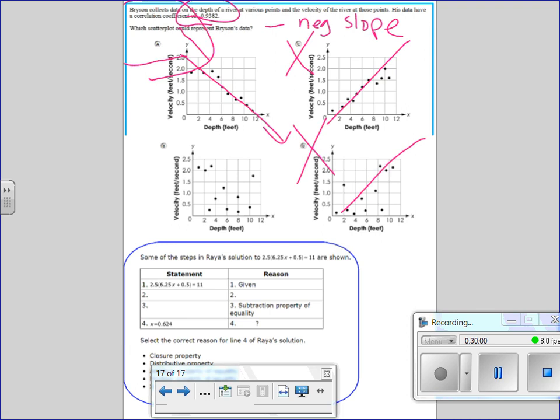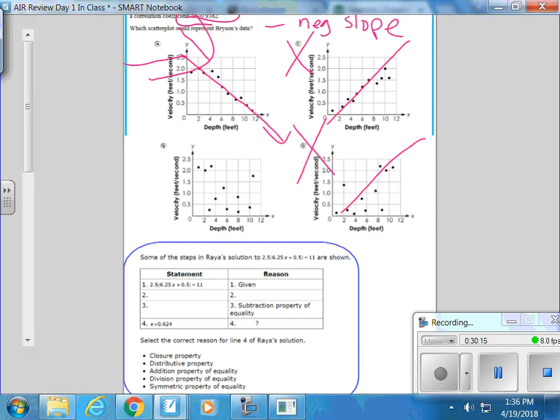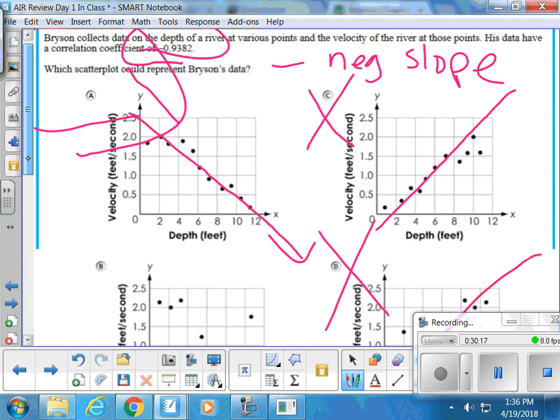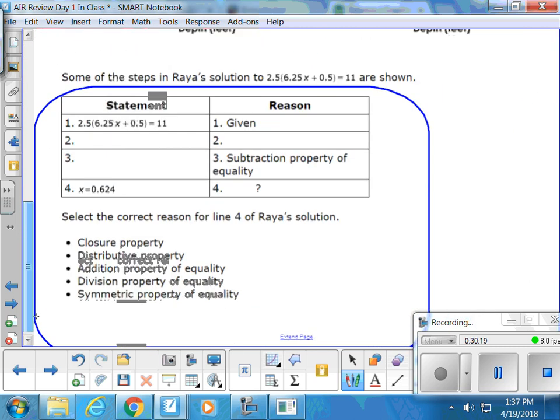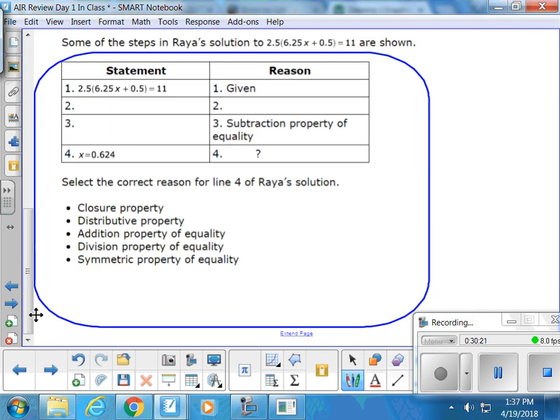Let me grab mine so I can read it closer to you. All right, it says that Rhea is solving an equation below and giving reasons for doing each step. And this will be fun. And it's kind of like multiple choice because the reasons are below. So this is kind of like the given problem.